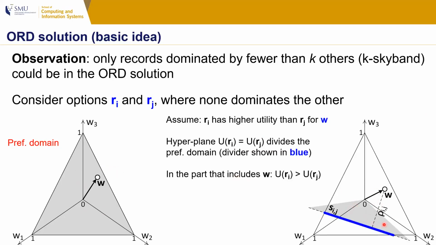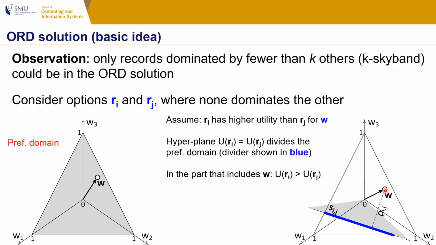Here is this hyperplane defined by the formula that the utility is the same. And this is the divider of your preference domain, of your triangle here, into two parts. In this part that includes W, the utility of Ri is stronger than Rj.